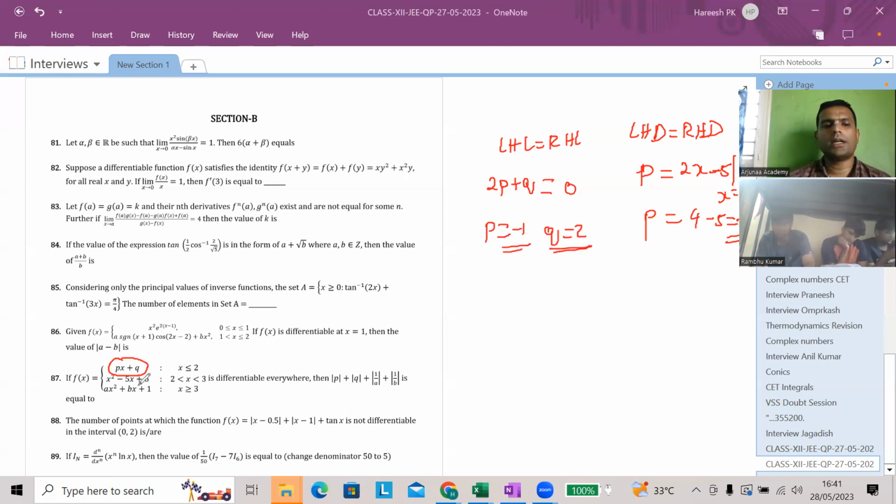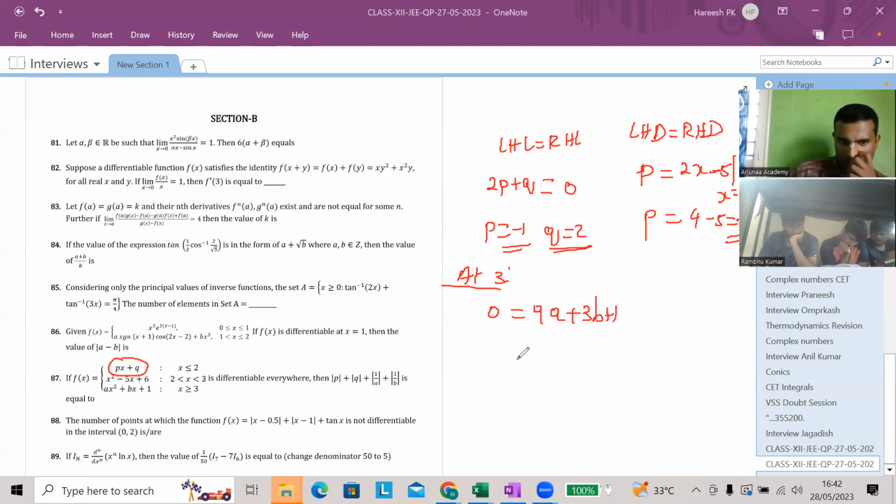Similarly at x equal to 3, quickly equate. When you put 3, LHL will be 0, RHL will be 9a plus 3b plus 1. And when you differentiate, you'll get 2ax plus b should be equal to 2x minus 5.